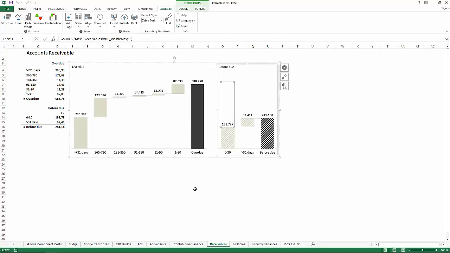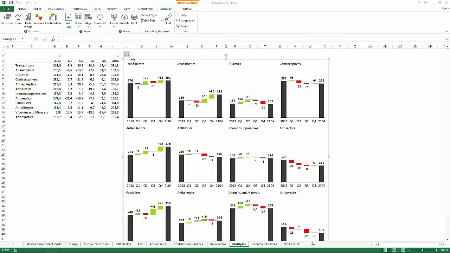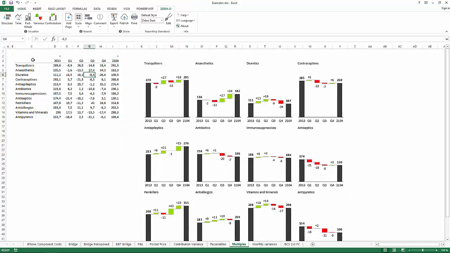So now we have two charts, but what is even better is more charts. So let me finish with my example from the pharmaceutical industry. So 12 charts, all scaled from one table. This is done in one click in Zebra BI. It's completely straightforward. So you do the same thing like we did before. These are my elements.